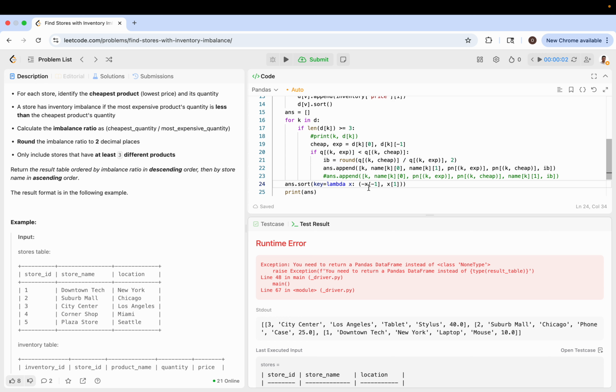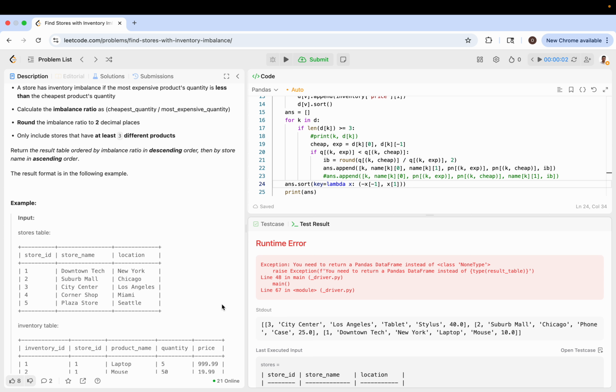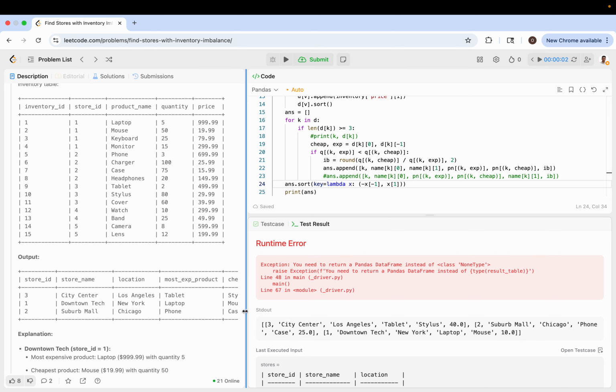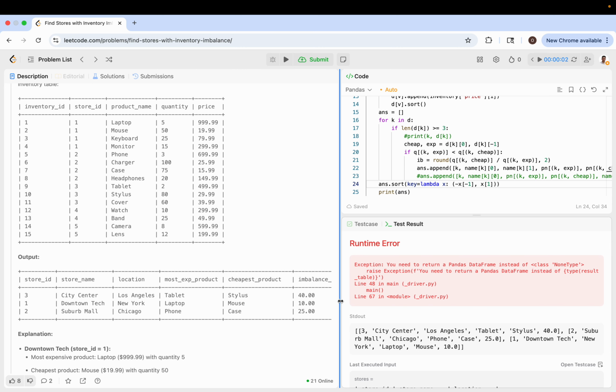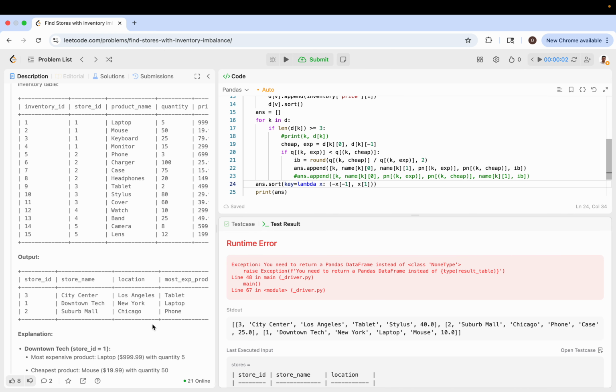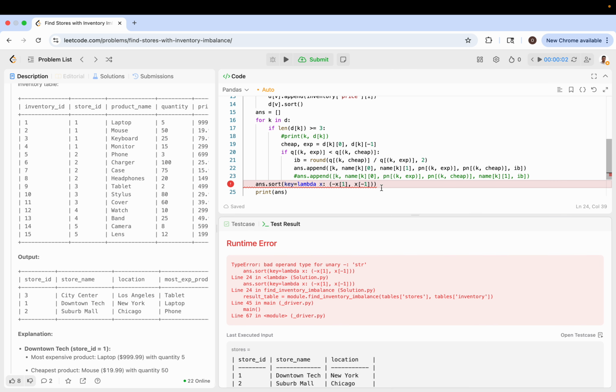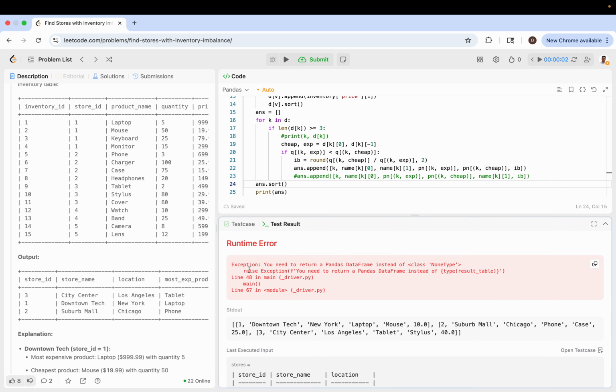Yep. Imbalance ratio, yep. Yep, it's supposed to be descending order. And then by the store name. Maybe instructions are not clear. I don't know.